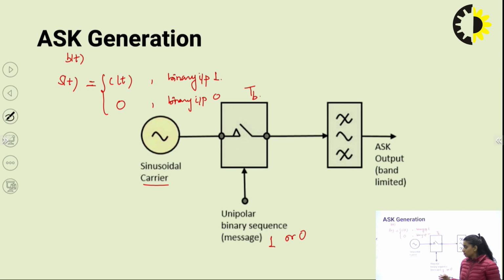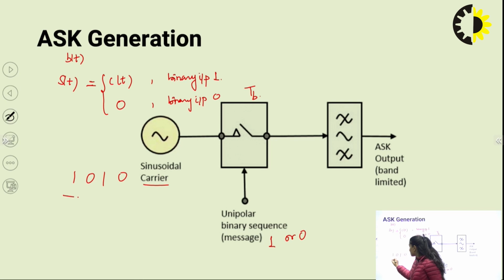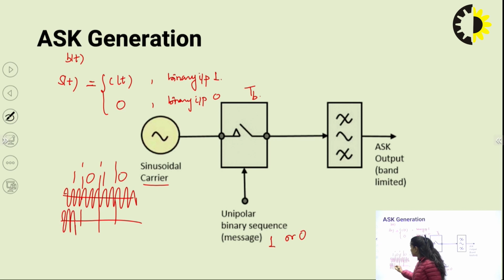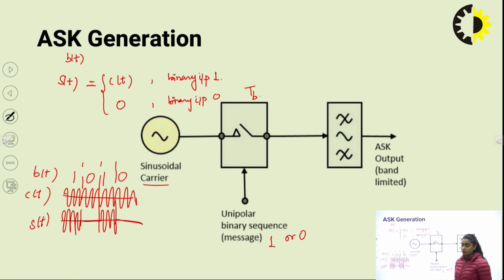This is what I want, because for such input, if this is the carrier, the ASK output will somehow look like this, right? If this is my B(t), this is my C(t), this is how I want my S(t) to be, right?